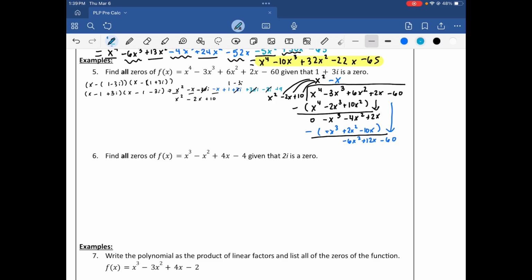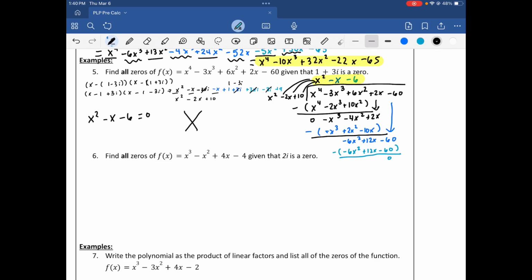So we've got negative 6x squared divided by x squared, which gives me negative 6. And then I'm going to multiply that through: negative 6x squared plus 12x minus 60, which of course gives me 0. So then this function right here is what I'm working with now. So I need to find the zeros that come from x squared minus x minus 6.